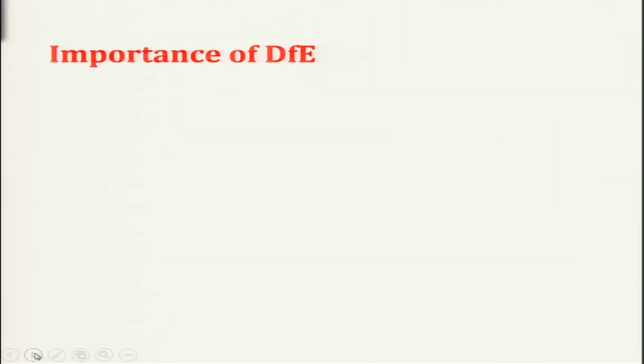So what is the importance of design for environment? When we talk about manufacturing alone, how does that happen? We have the design here. After design in manufacturing we have the preliminary analysis, then the conceptual design.